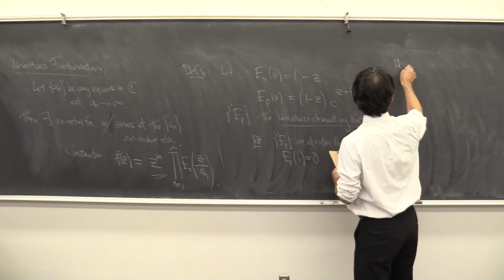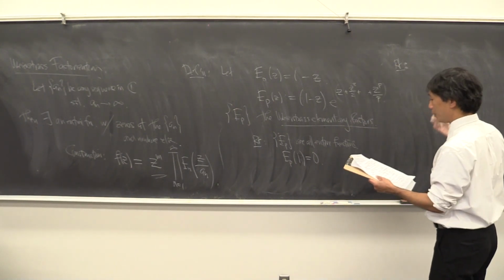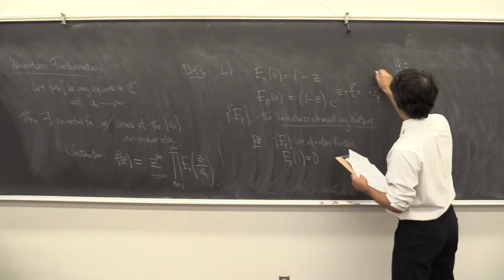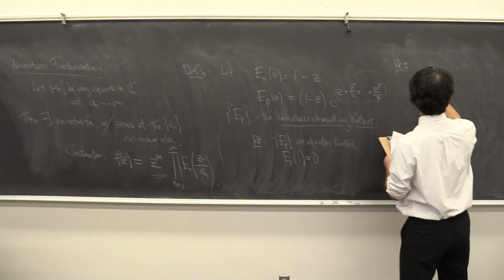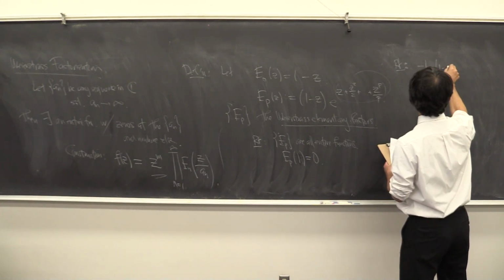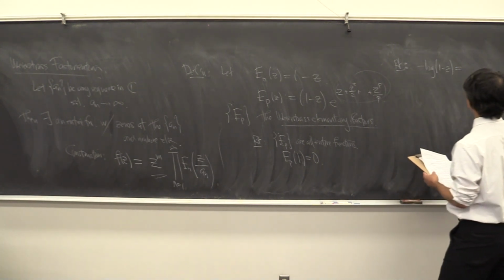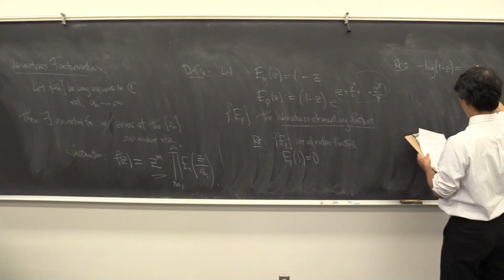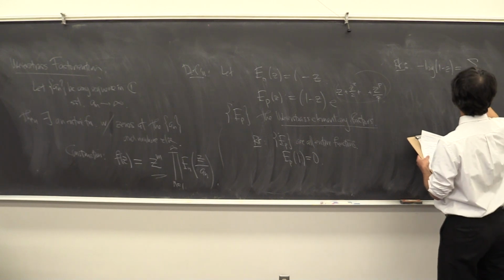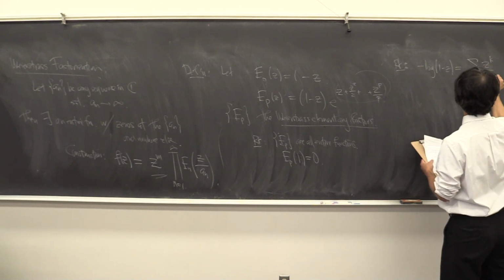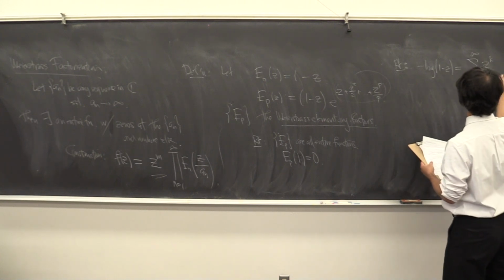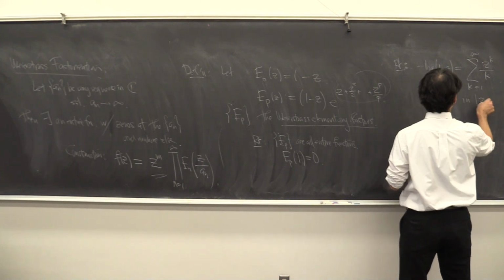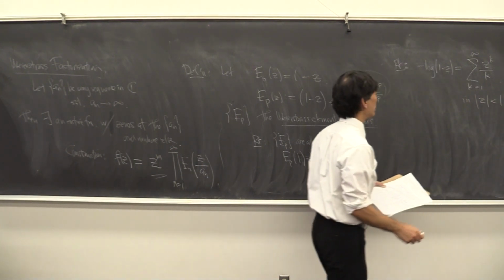Also importantly, this term in the exponent comes from the power series expansion of log of 1 minus Z, which is minus the sum of Z to the k over k, for Z smaller than 1.